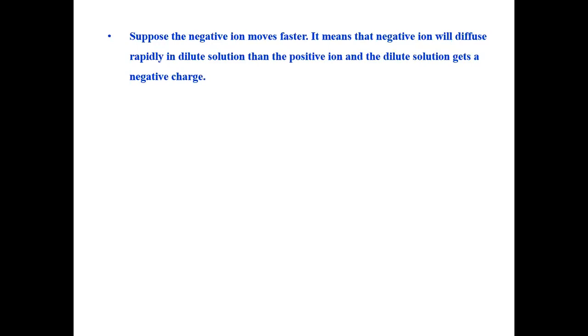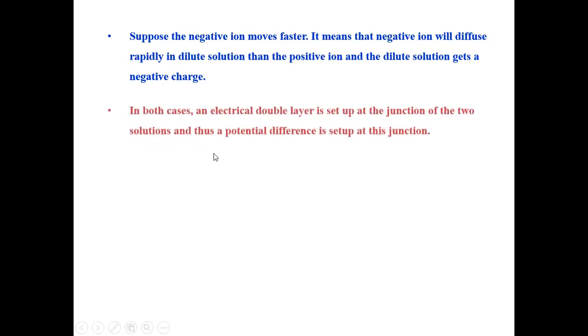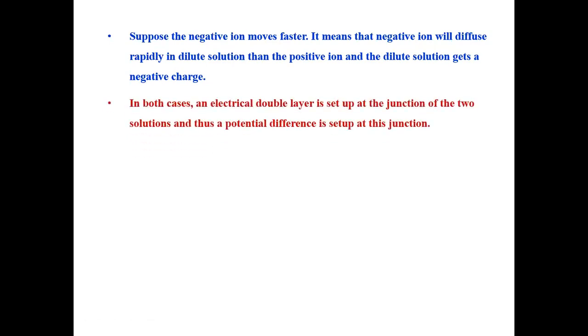So now, because of this, an electrical double layer is set up at the junction. Now if the anion moves with more velocity, the dilute side will get a negative charge and the concentrated side will get a positive charge, right? So an electrical double layer is set up at the junction of these two solutions, which basically contributes to the overall EMF of the cell.